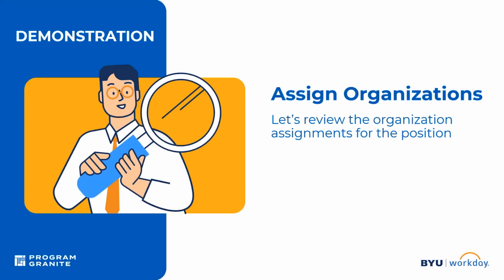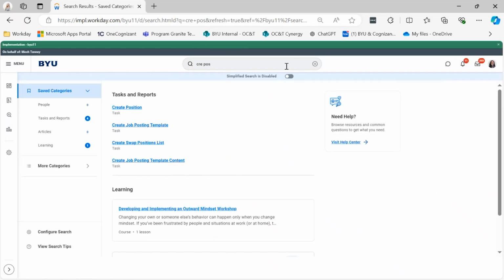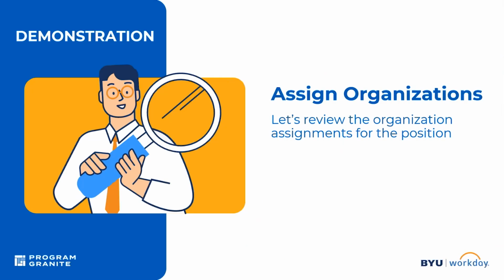Okay, so let's do that. Let's assign organizations. I'm going to pull up Workday really fast, so give me one second. I left off, oop, I was creating positions as someone else. Give me one second. I'm going to hop back in as Max.